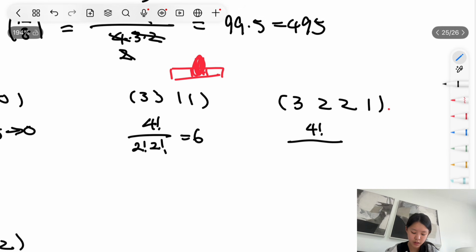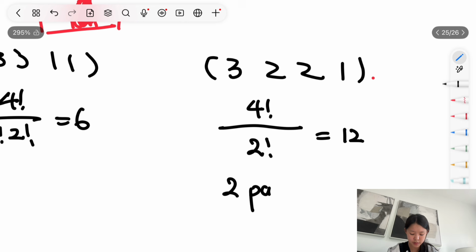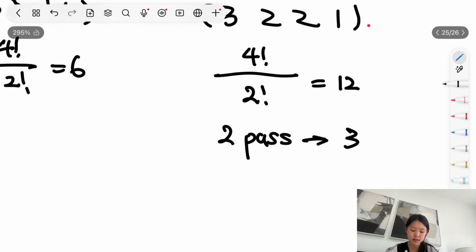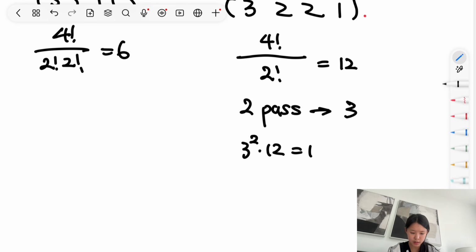And then for the next one, you have 2 ways to arrange this group, and that would be 12 different ways to arrange all of the rows. But for the groups of 2 passengers, there are 3 different ways for everybody to sit, since you can move the empty spot across each of the 3 seats. And so that would be 3 squared times 12 equals 108.